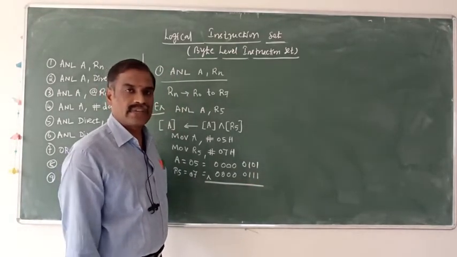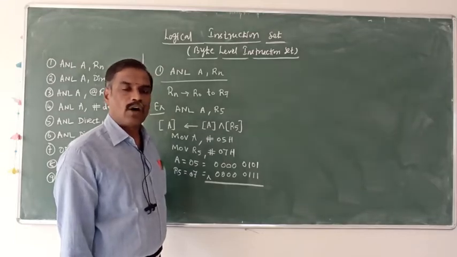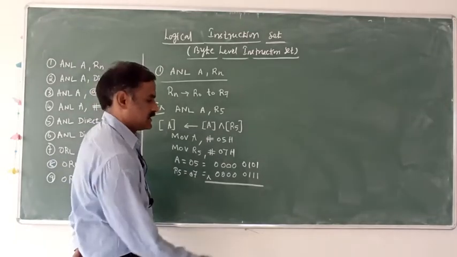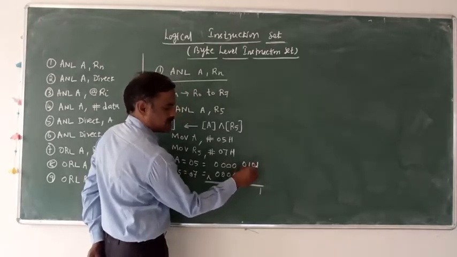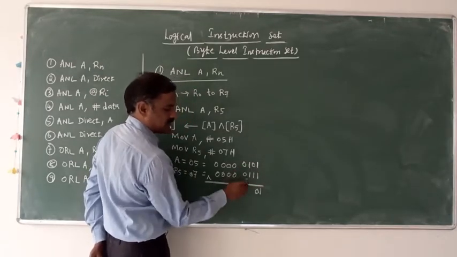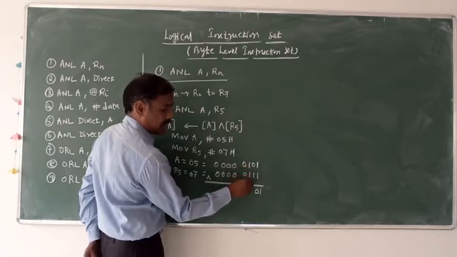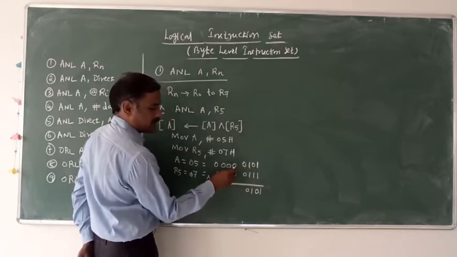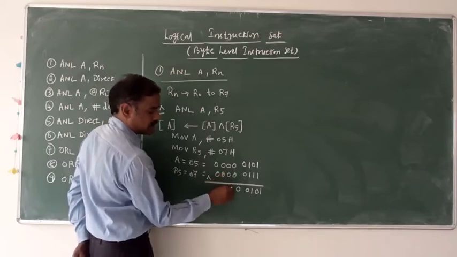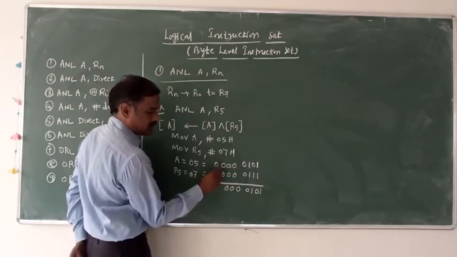If any one of the inputs is low, output will be low state. One input low means output low state. Here both are high, 1. Here both are low, 0. Both are 0, both are 0.